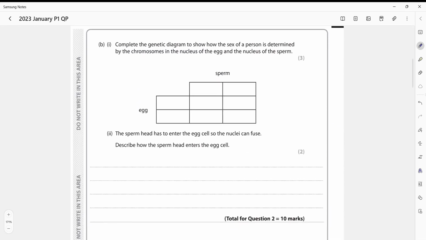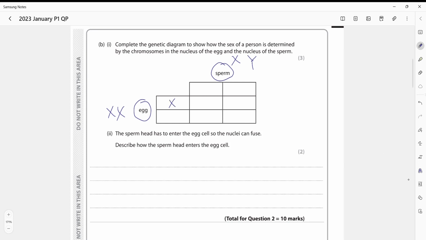Complete the genetic diagram to show how the sex of a person is determined by the chromosomes in the nucleus of the egg and the nucleus of the sperm. Okay, so eggs would come from the female, and females would only have XX chromosomes, whereas sperms come from males, so then 50% of the sperm would have an X chromosome, and 50% of the sperm would have a Y chromosome.